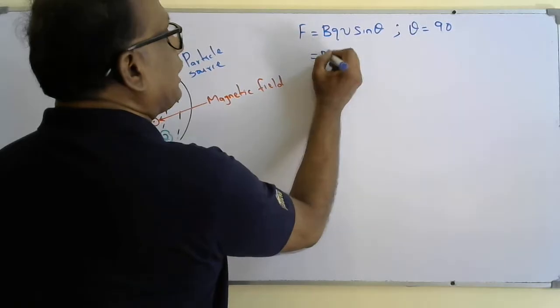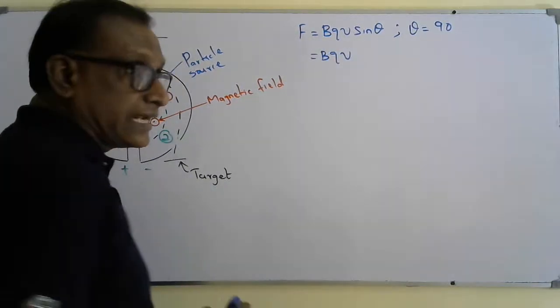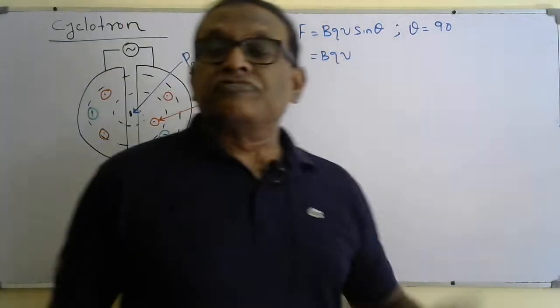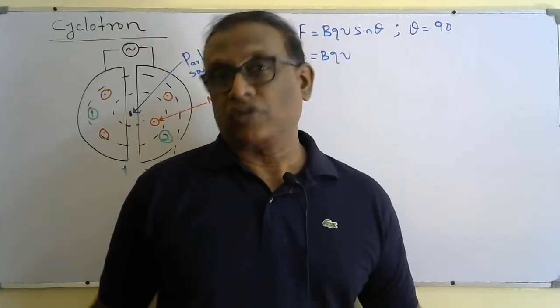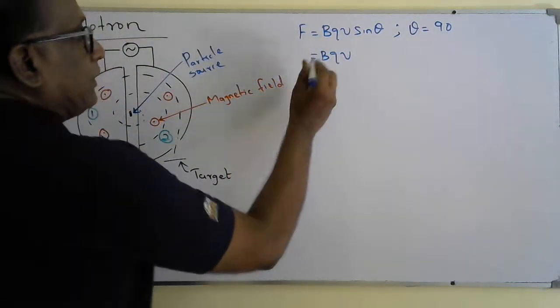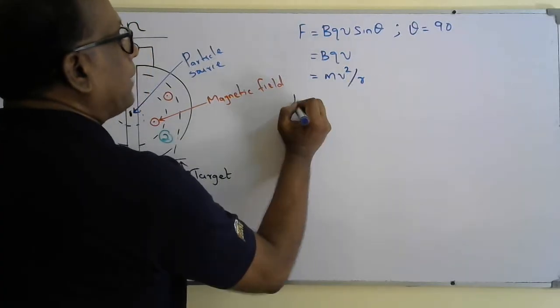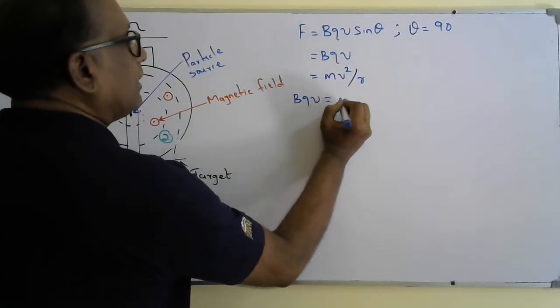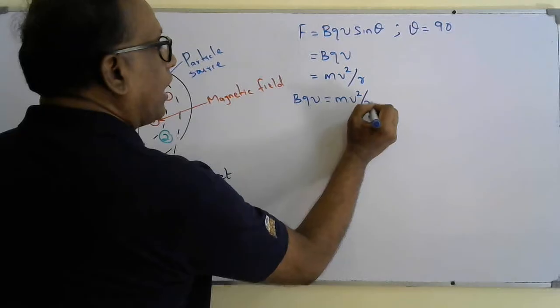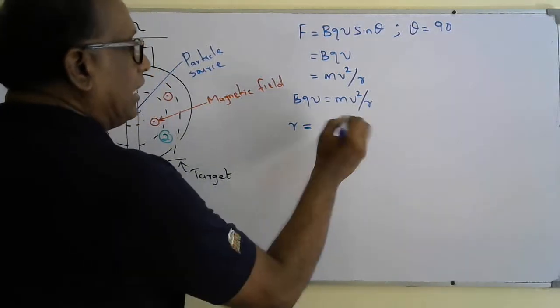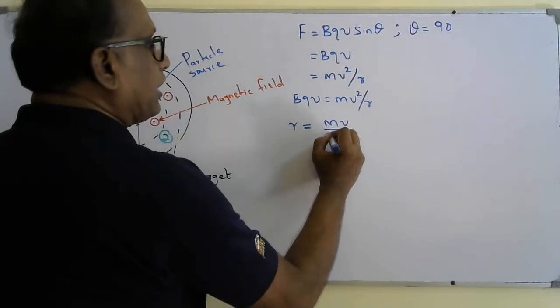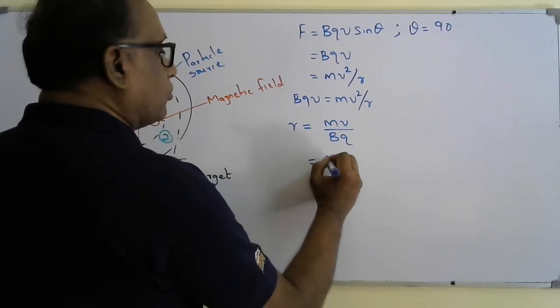The force acting on the particle becomes BQv. This force is the centripetal force for the particle. So F equals BQv equals mv squared over r. Balancing it, r equals mv over BQ, that is, p over BQ.